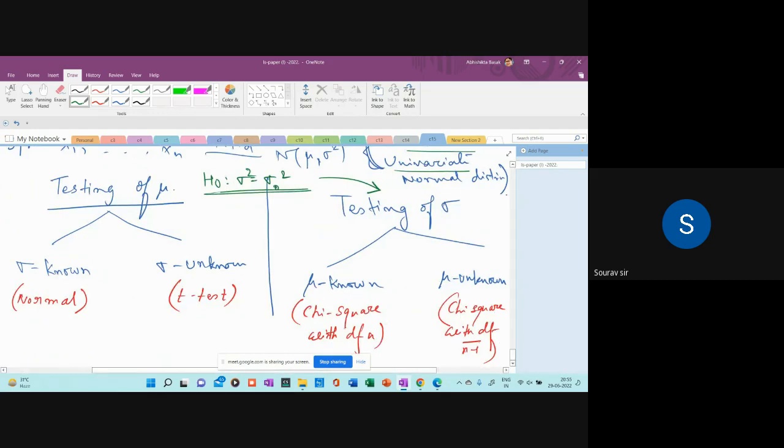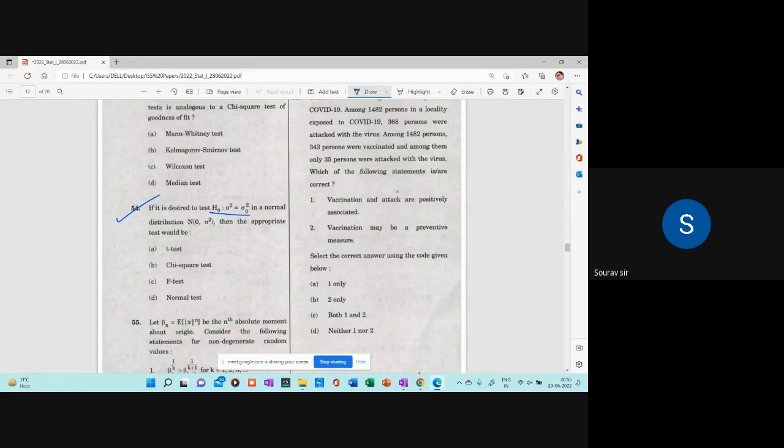That is going to depend on the chi-square test. Since the options have only chi-square test and degrees of freedom is not given, you can tick chi-square test and your answer will be correct. But just in case you have more than one option with chi-square test and degrees of freedom specified, suppose another option E gives chi-square with degrees of freedom n minus 1, and this option has chi-square with degrees of freedom n, don't get confused between these two.